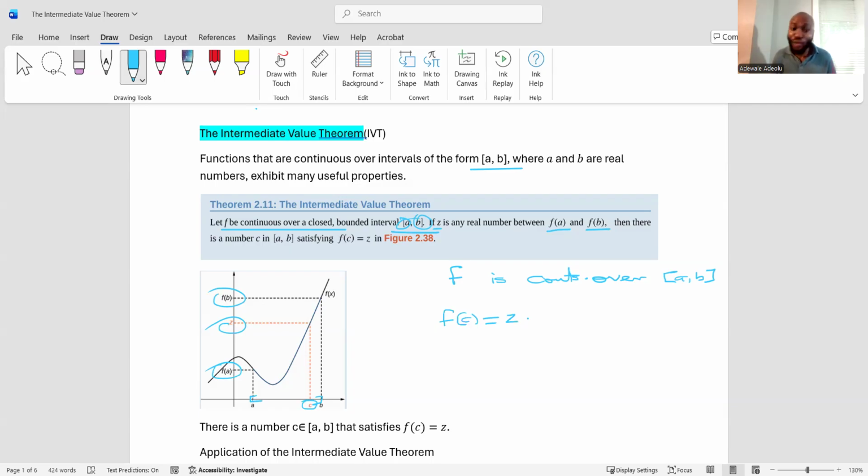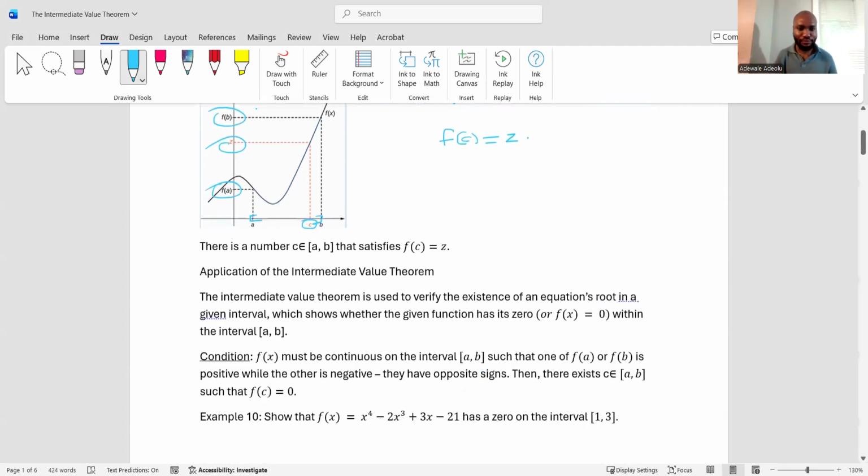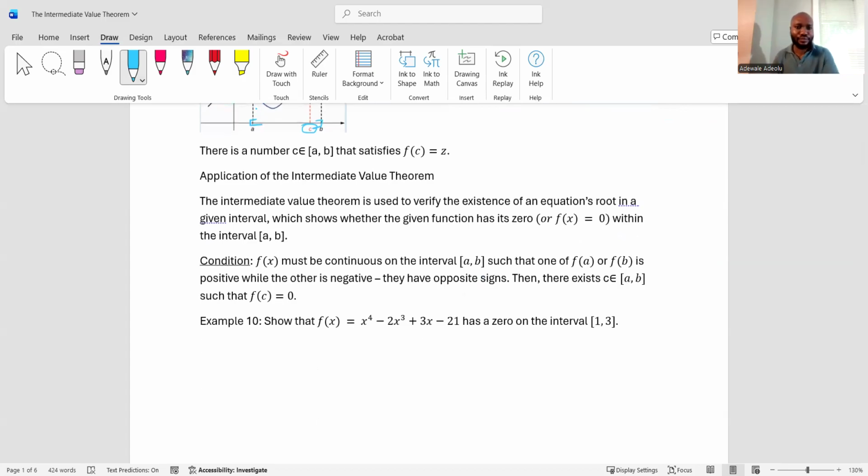And then we are saying any real number you pick in between those two y values, there will always be an x value that gives birth to that y value. That is what we are saying. Now, let us apply this theorem.